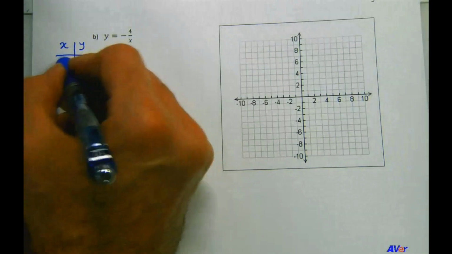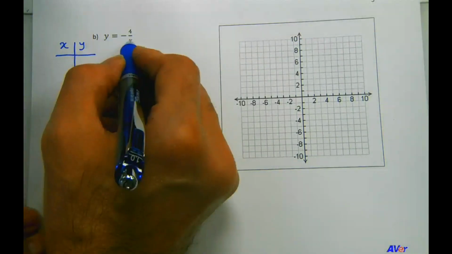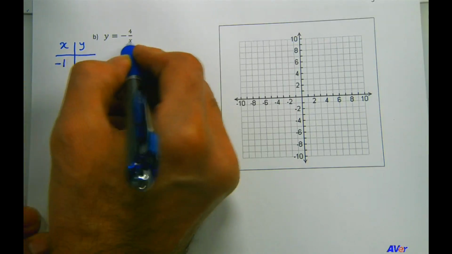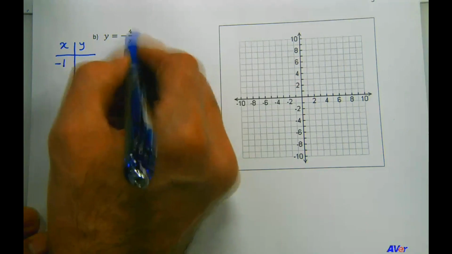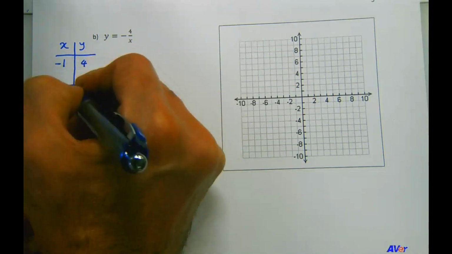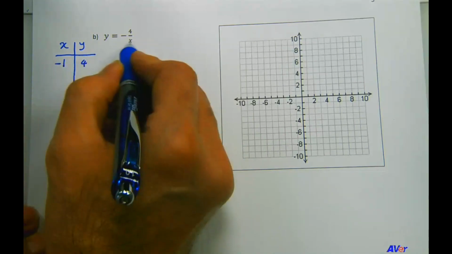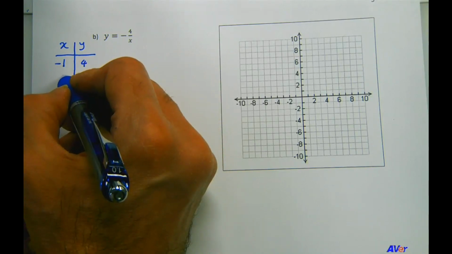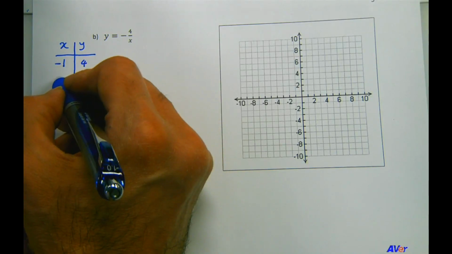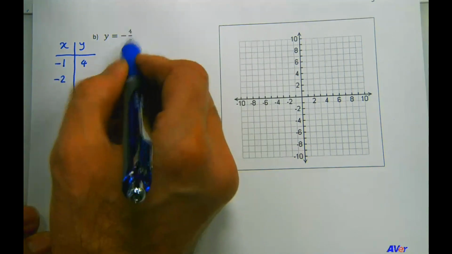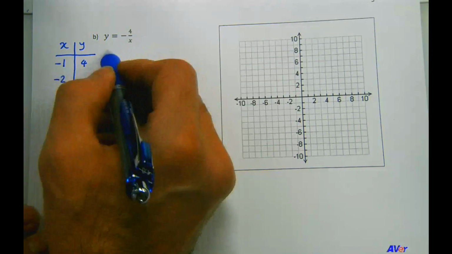So if x is, say, -1, I'm picking easy numbers. Minus 4 divided by minus 1, that's positive 4. 0 is out of the question, right? 0 is not an option there. And if it is, say, -2, another easy number, minus 4 over minus 2, that's positive 2.